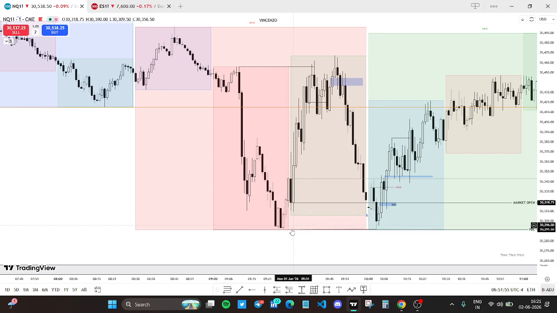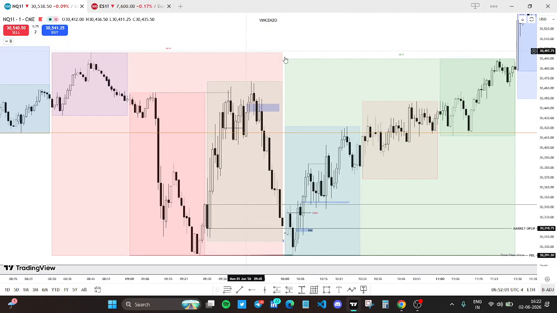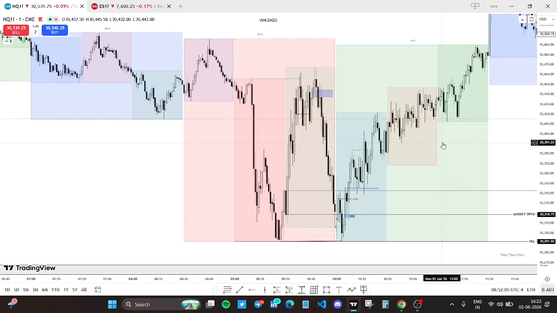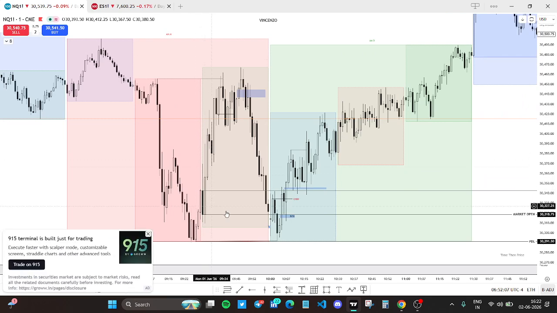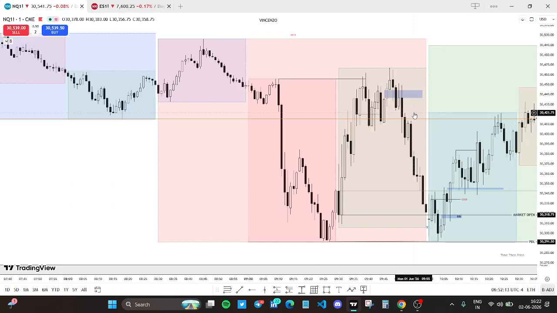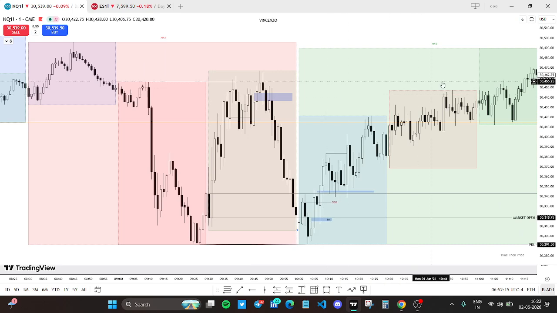After making SMT right over here, it is pushing higher. Time cycles play an important role in trading. This time cycle is given by ICT. Every time cycle has a story, and not every time cycle can be a point of interest. There are specific times of the time cycles that can be a point of interest.